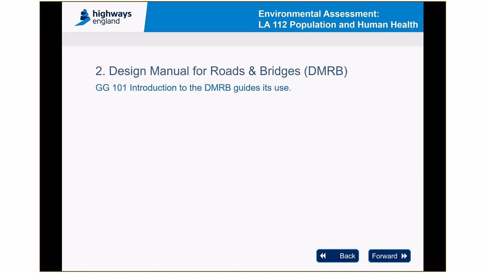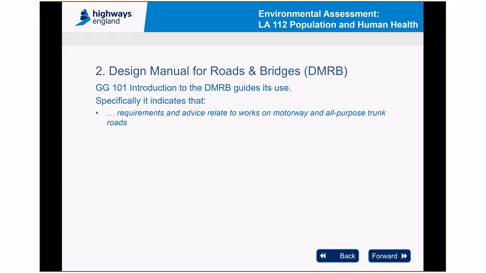The design manual for roads and bridges, for those of you that are not quite familiar with the new structure yet, has a number of front-end elements to it. GG 101 provides an introduction to DMRB, it guides its use, and specifically it indicates that we utilise this language of requirements and provide advice that relates to works on motorway and all-purpose trunk roads.